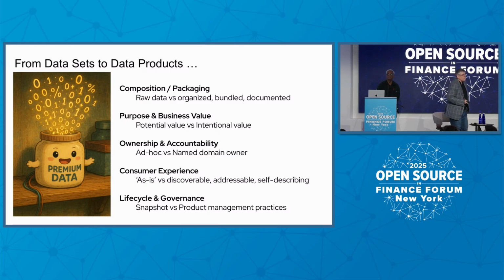Part of the problem is how we view data. And this is what Jey was talking about earlier, about the notion of a data product. We're used to having data sets. And for a long time, data science has revolved around the idea that someone's going to publish a data set, I'm going to find some raw data, and I'm going to try to interpret it in a certain way.